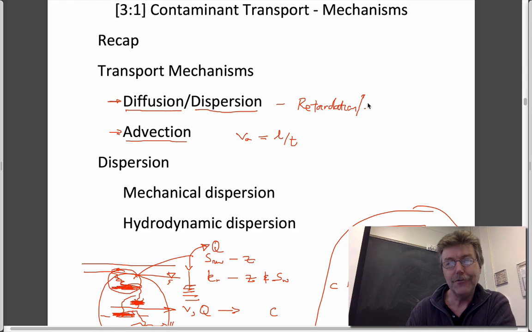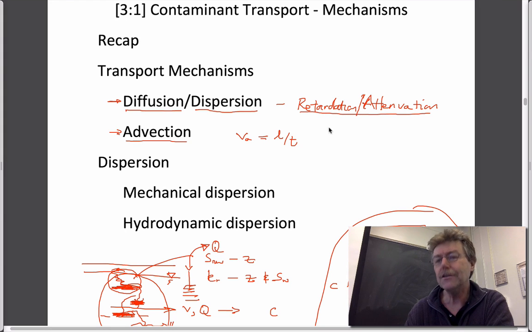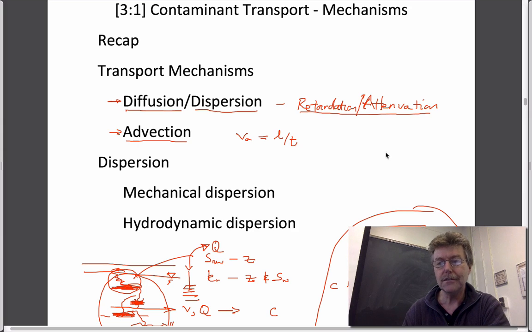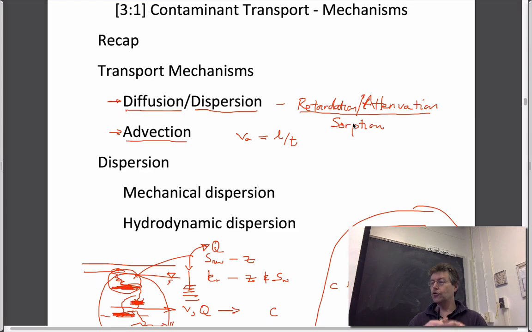Retardation and attenuation. But I digress. And so you could imagine that this is the observation of what happens. The plume gets attenuated. The mechanism, I suppose, is by sorption. And so you could imagine that if you sorb a certain amount of the contaminant onto the solid substrate, on the grains of the soil, then it's no longer in the water, and so you think that you reduce the concentration.